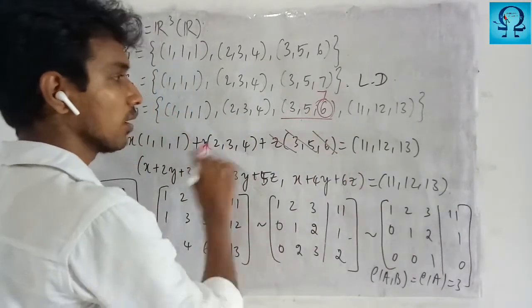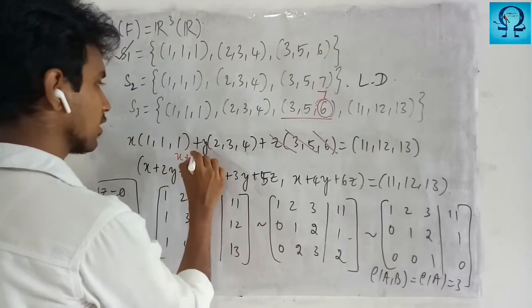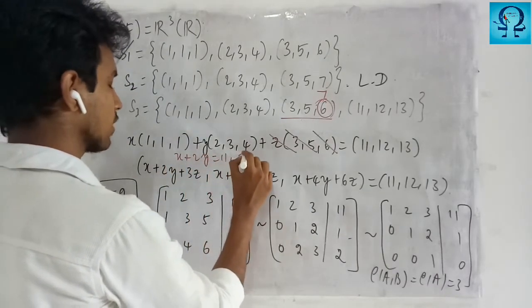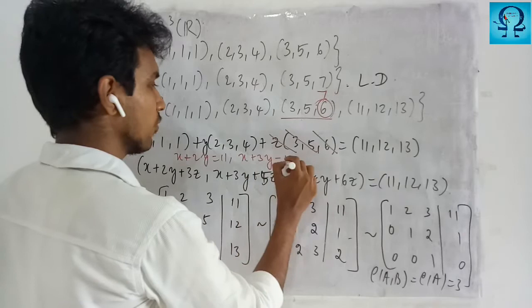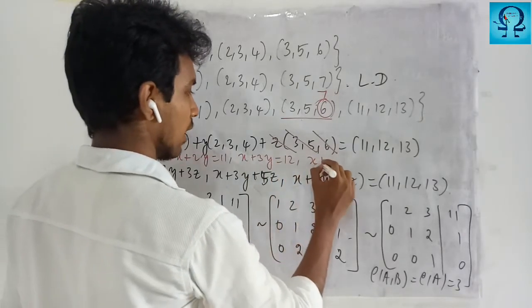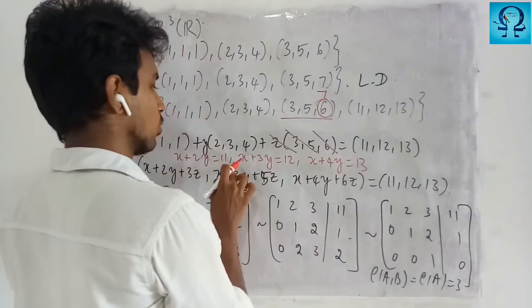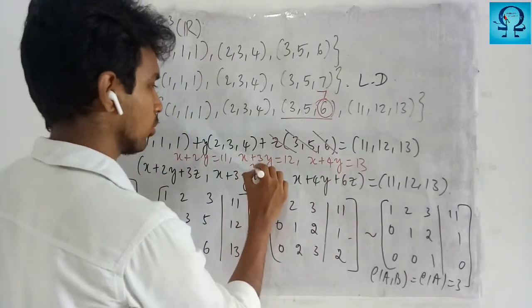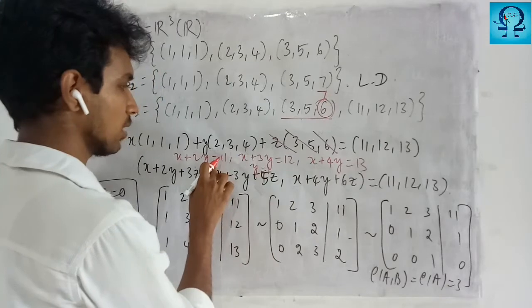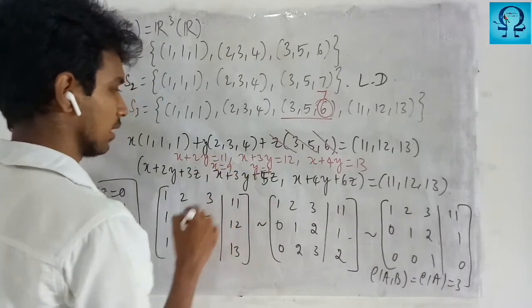If you just equate, you will have x plus 2y is 11, x plus 3y is 12, and x plus 4y is 13. Substituting x plus 2y is 11 in this, you will get y equal to 1. If you substitute y is equal to 1 here, you will have x is 9.